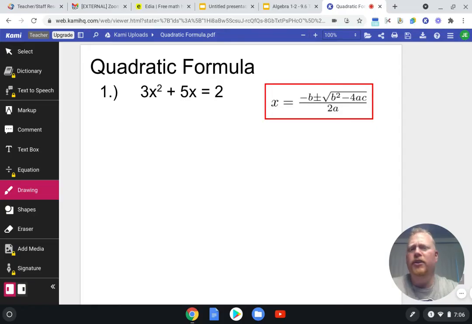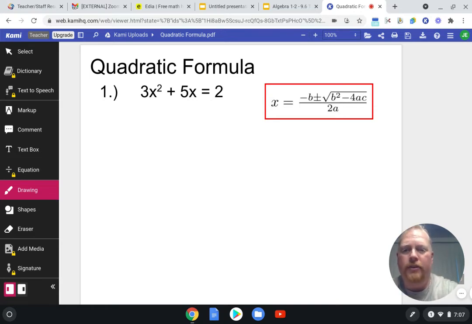Okay, so let's go ahead and take a look at this equation. 3x squared plus 5x equals 2. Now, problem that I see right off the bat is this equation only works if everything's on one side and 0 on the other. So I don't have 0 on the other side, so I need to get rid of that 2, move it to the other side, and then we can start this problem.